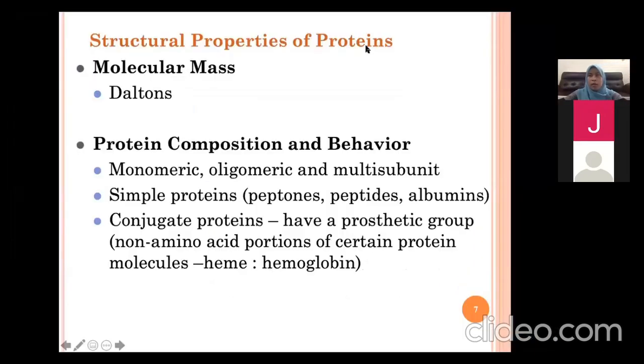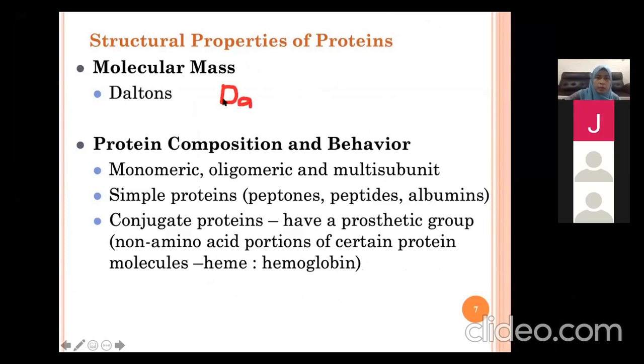Okay, so molecular weight, we call it Dalton. How to write it, just like on Monday, it will be capital D and A. This is Dalton.